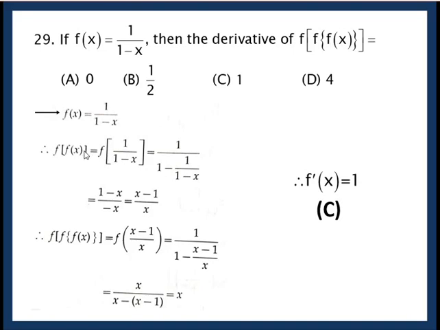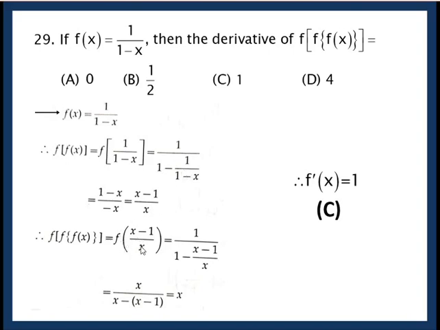What is f of f of x? It is f of 1 upon 1 minus x. See, we are given this, means whatever is written here, you have to subtract it from 1 to get denominator. Numerator is 1. So f of this is what? Numerator is 1 upon whatever is written here, subtract it from 1. Is that clear? Now simplify to get this.